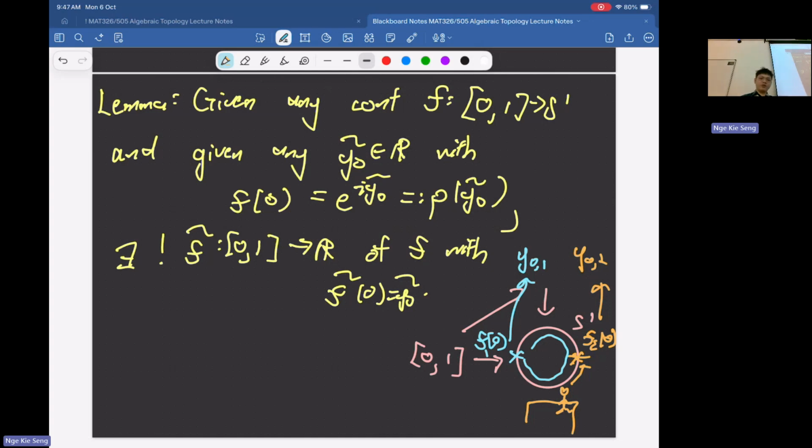So the uniqueness actually is proven using the uniqueness lemma just now. Suppose you have 2 lifts, but they have to agree at some point. I will fix some point already, then they have to be the same. Now the problem is existence. How to construct? The point is how to construct here is important.